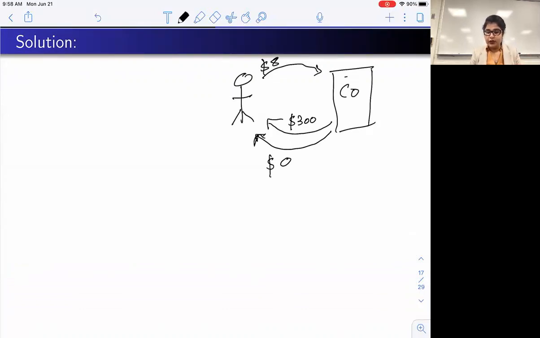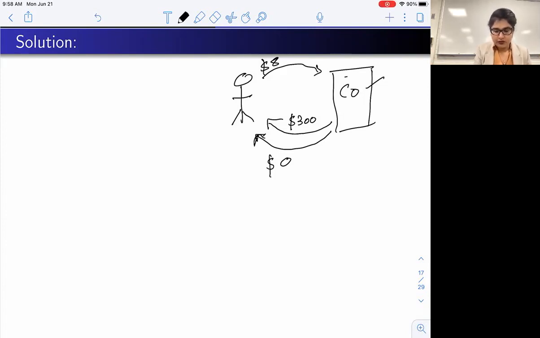We have to find how much profit the company is going to have, and how much payout they are going to have, how much they are paying to people. They are not insuring just one person; they have many customers who are going to get insurance. So what are the two possibilities?